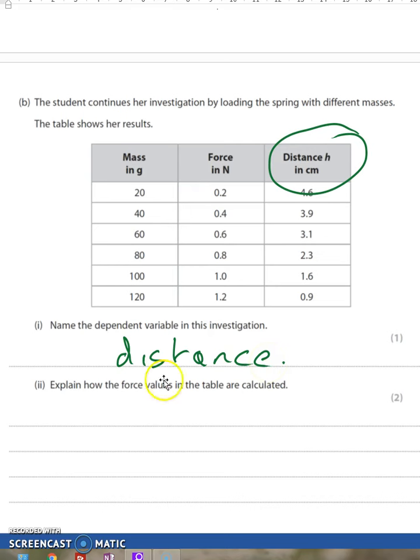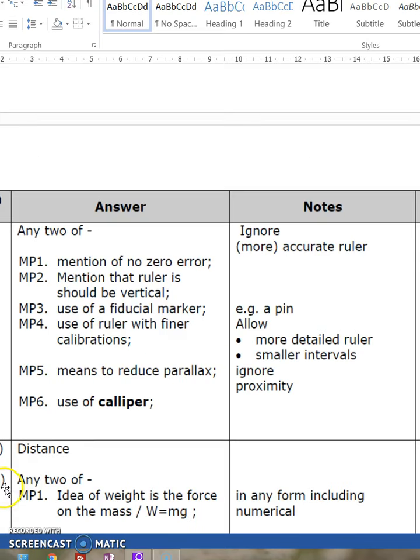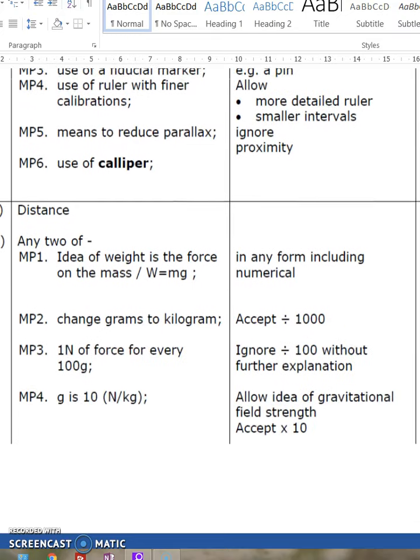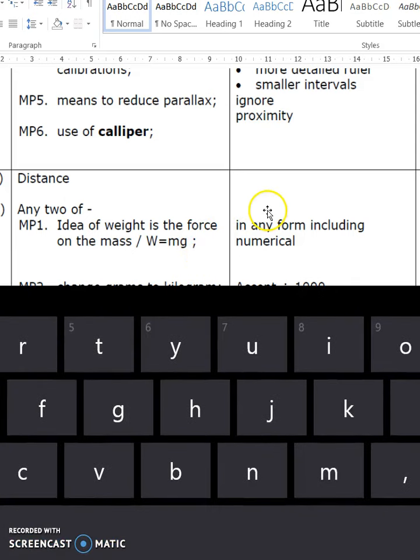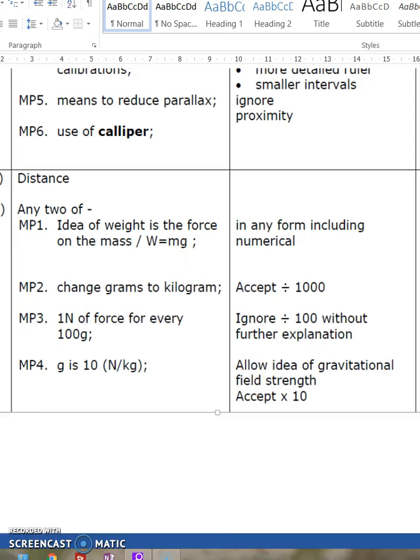And here, explaining how the force values were calculated, showing you the mark scheme here again. This is the idea that you're using weight equals mass times gravitational field strength. So you could have had this in any form. The second marking point was changing your grams to kilograms.